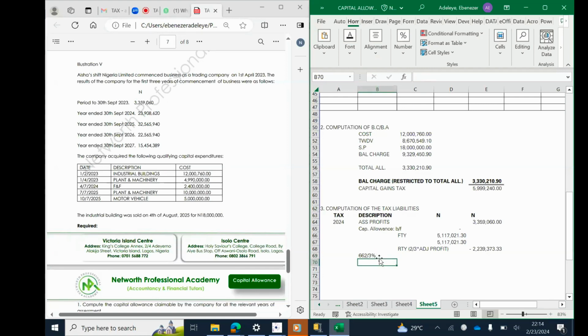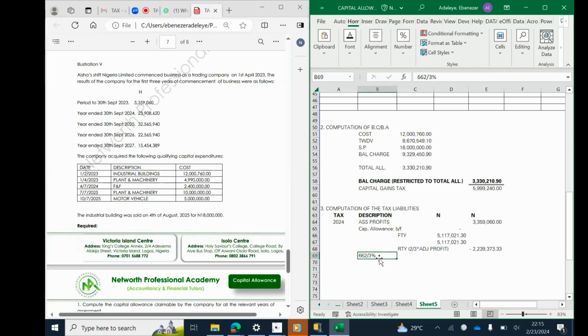Either you say 66 2/3% or you say just 2 over 3. For me, I don't like too much, so I just say 2 over 3 straight. So if you do 66 2 over 3%, it is the same thing as 2/3.